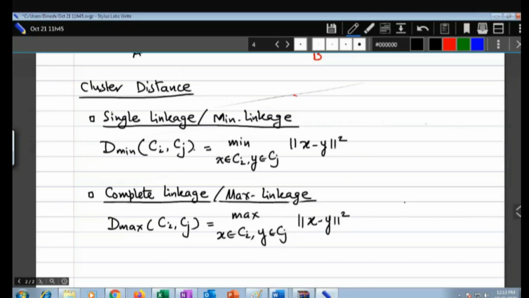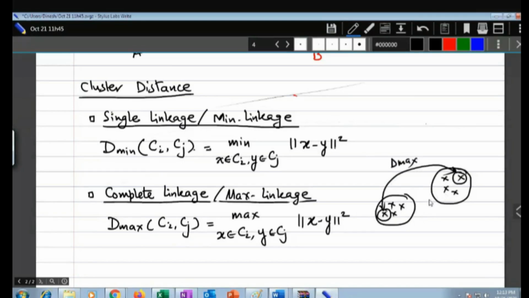For example, say you have these two data points here and these four data points over here. Max linkage will be the distance between this and this, because that is the maximum. This is D max.